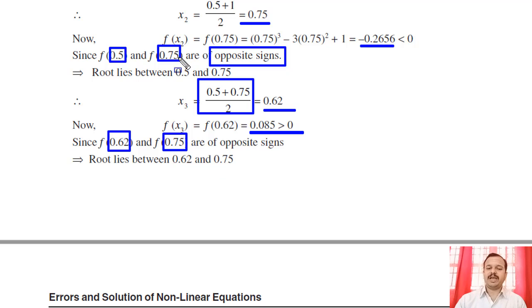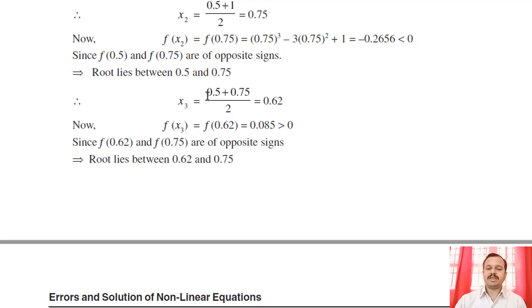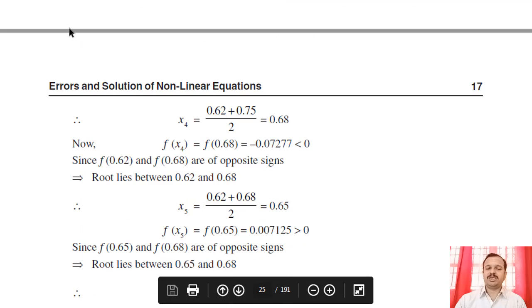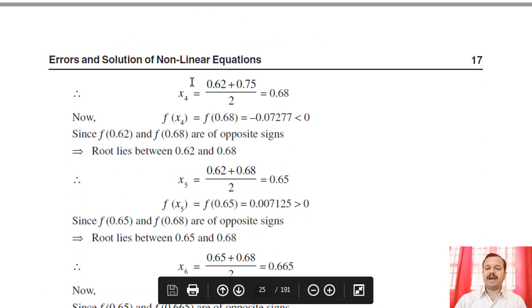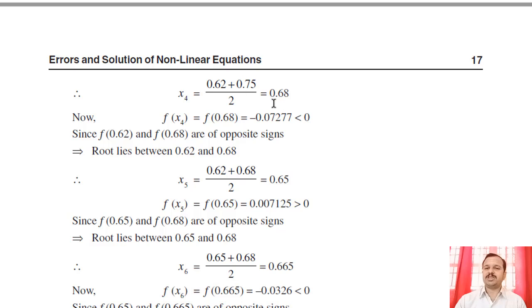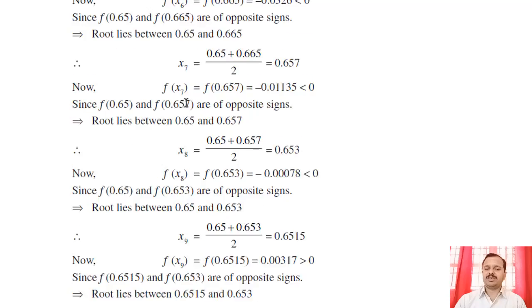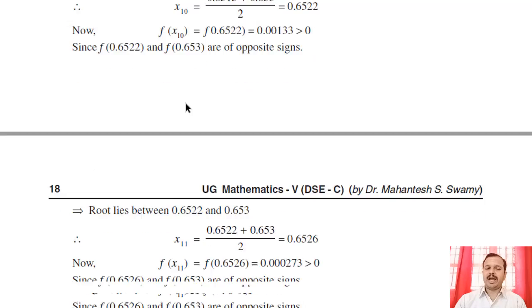So now we have to again subdivide the interval using the same bisection formula, and we are going to get 0.68 as x4. So go on proceeding like this. You have to proceed in the same way, and ultimately I will simply skip and I will show you at the 11th stage.